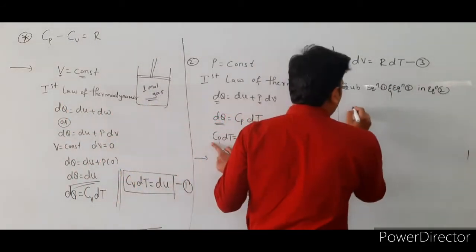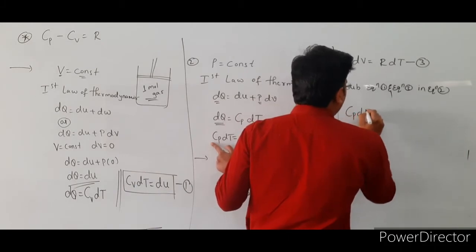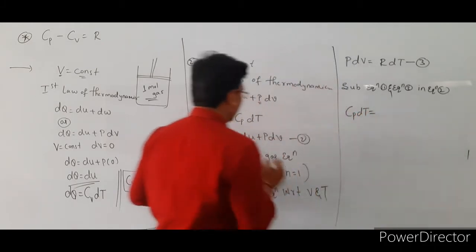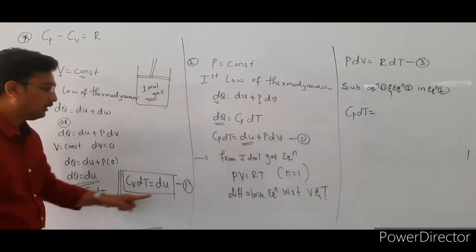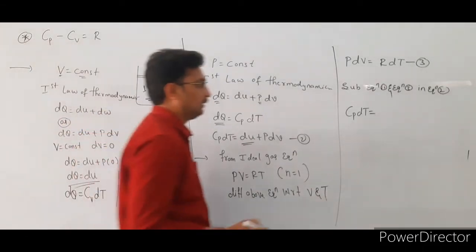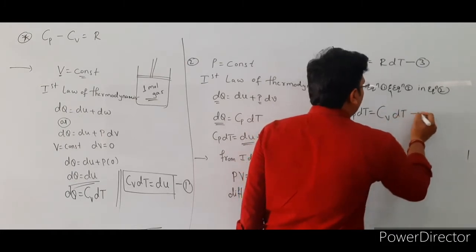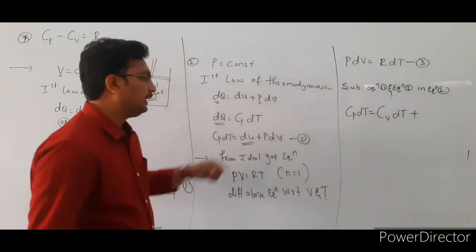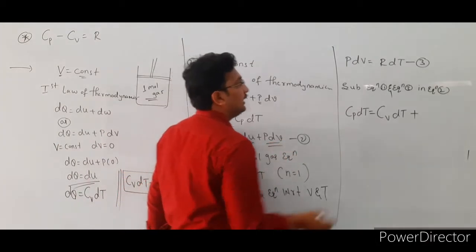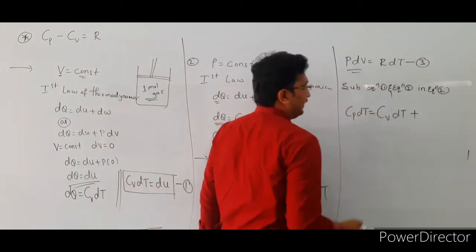The equation number 2 is Cp dT is equal to dU. What is the dU value here? The dU value is Cv dT. Plus, next P dV. What is the value of P dV here? P dV value is R dT.